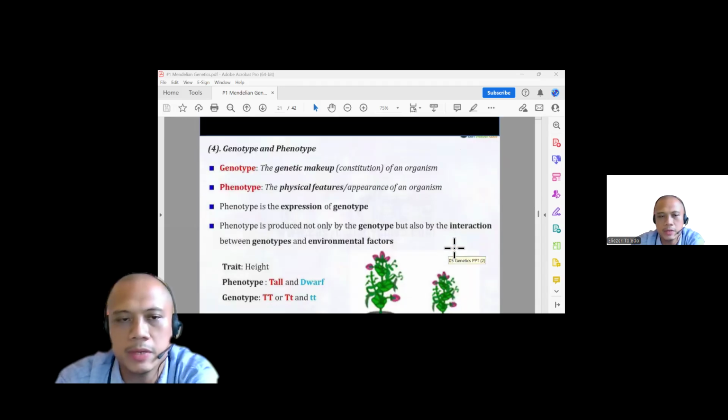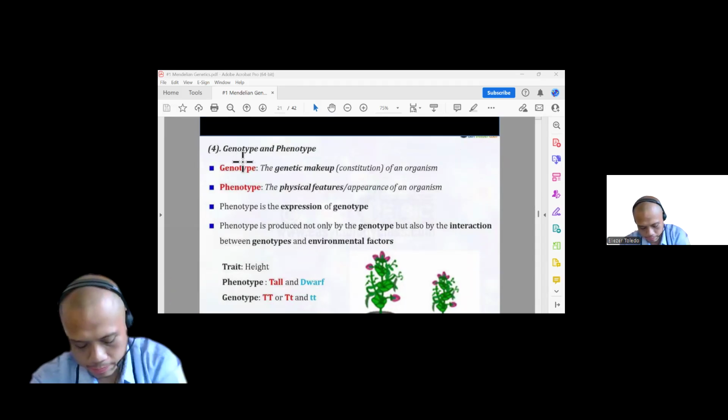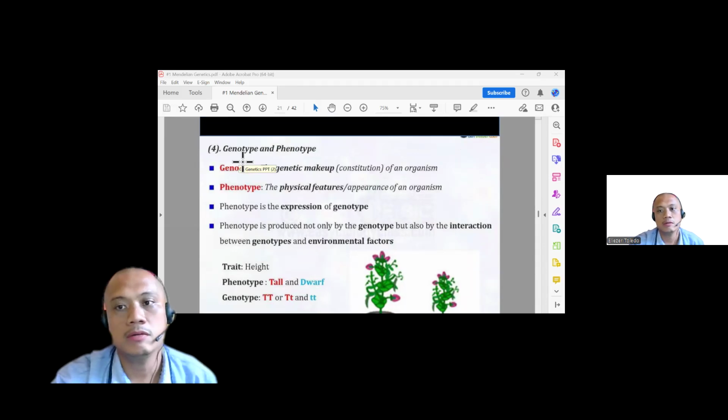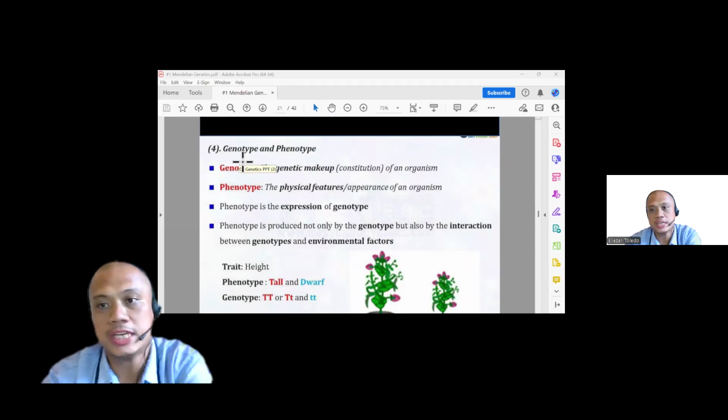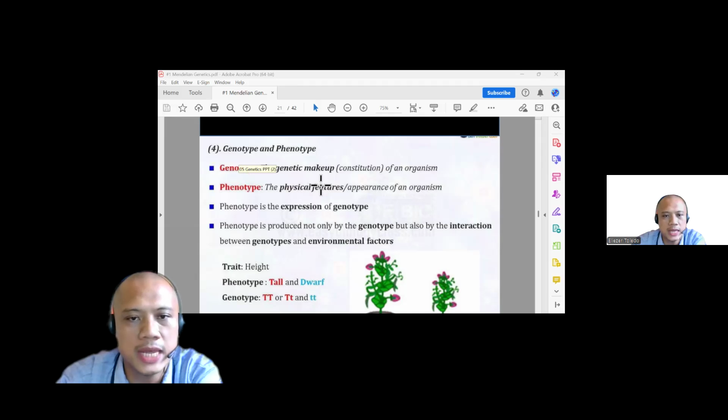Another terminology: genotype and phenotype. If you just take geno, what would be the keyword you can relate it with? You relate it with the word genetics or gene. Genotype means the genetic makeup or constitution of an organism, while phenotype refers to the physical features or appearance of an organism.